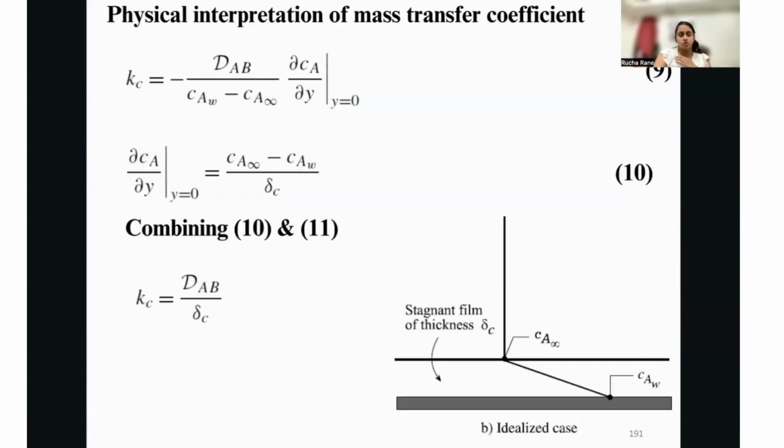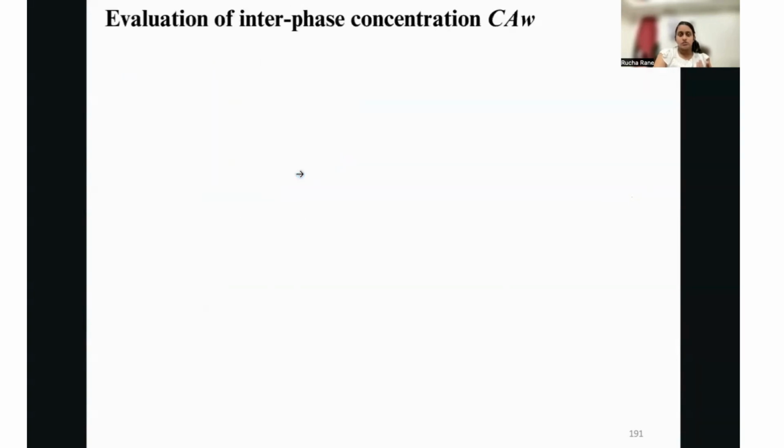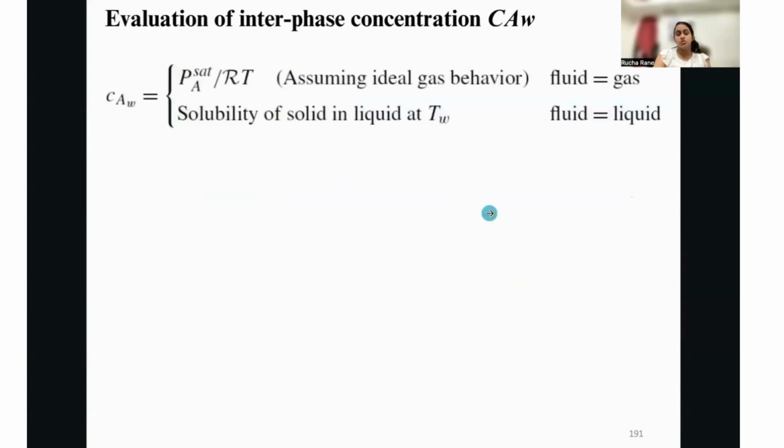Now we saw a few terms here, C_AW, and this C_AW depends on the nature of the fluid. If the fluid is a gas, we can assume ideal gas behavior, and we can use the ideal gas law, which is PV is equal to nRT, and we can get the concentration as P_A saturation upon RT.